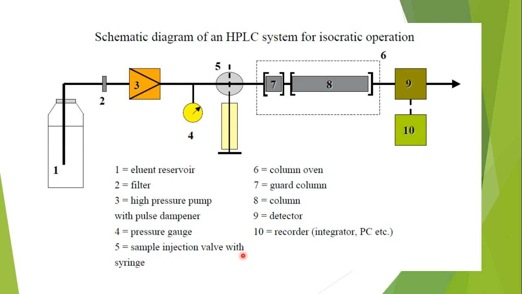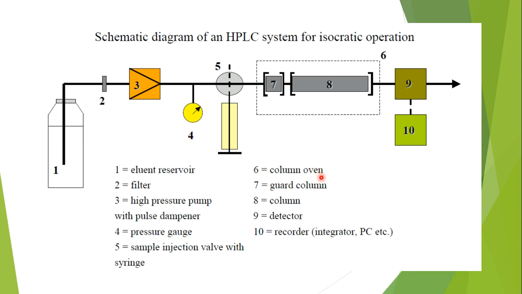Then the sample injection valve is shown at this number 5, where using a syringe we are introducing or injecting our liquid sample. Now the sixth number is the column oven.